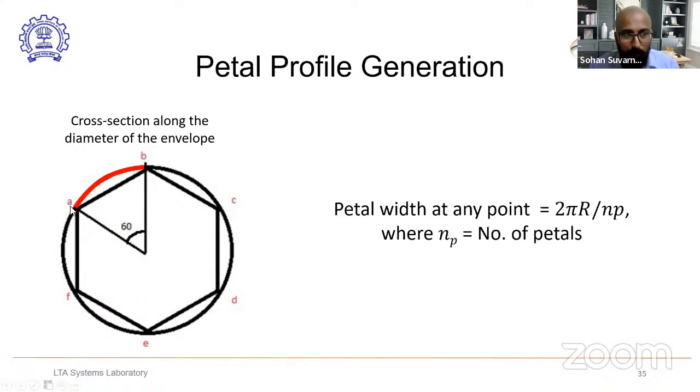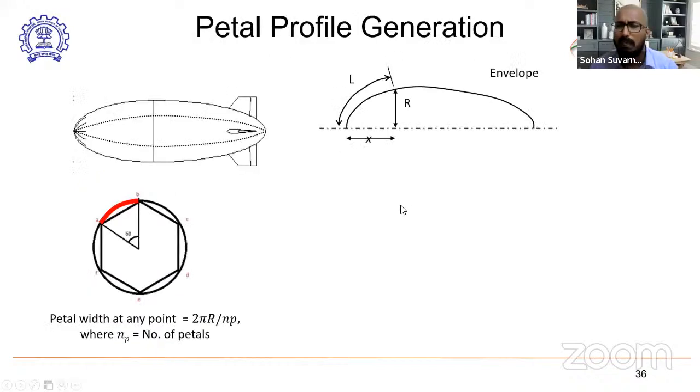To get the arc length AB, you divide the circumference of the circle, which is 2 pi r, by the total number of petals, in this case 6. So 2 pi r divided by 6 gives you the petal width at any point. I hope that is somewhat clear now.